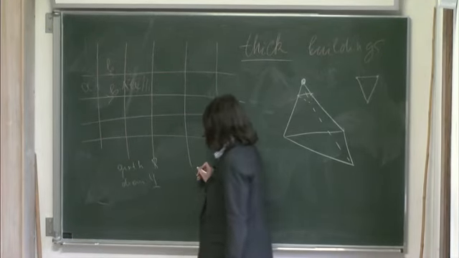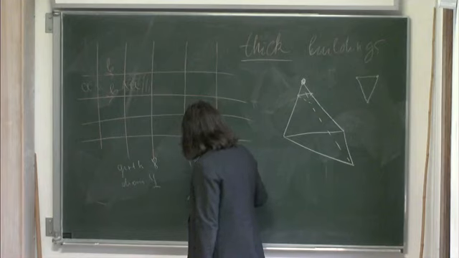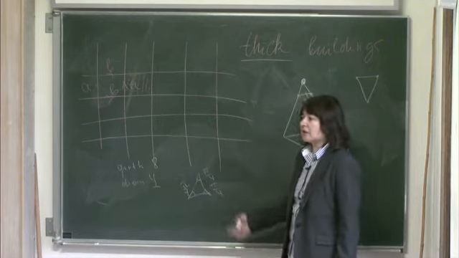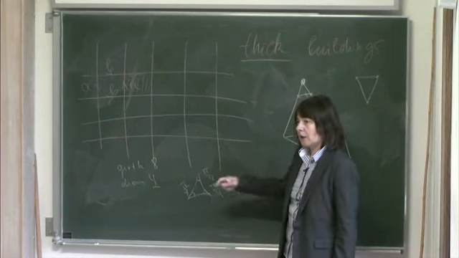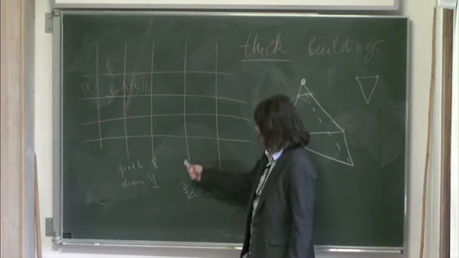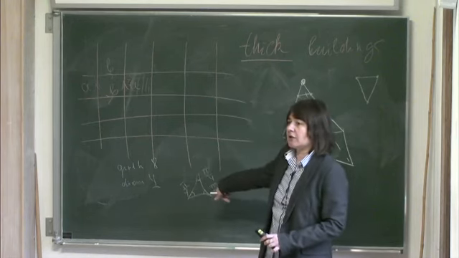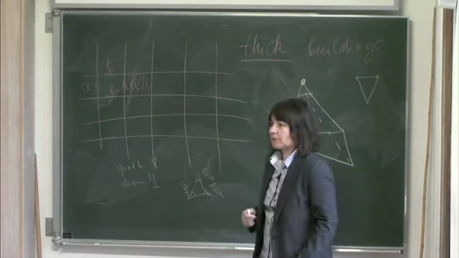So the chambers are regular hyperbolic triangles with angles pi over 4, right? And we have the apartments, a plane tessellated by these triangles, and there are 8 of them meeting at each point, right?